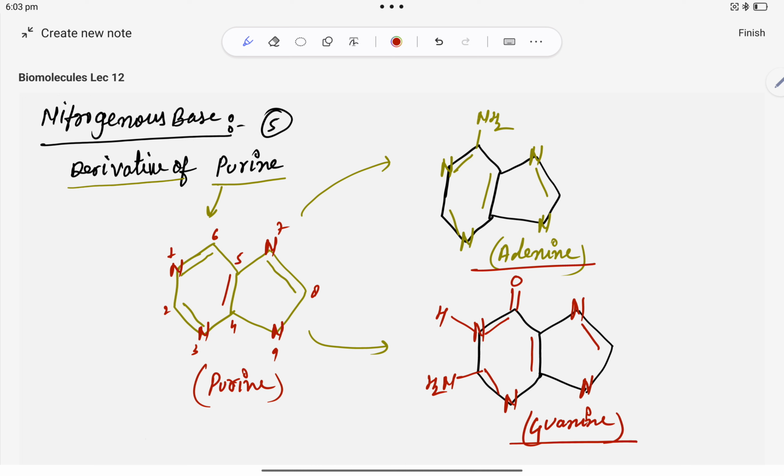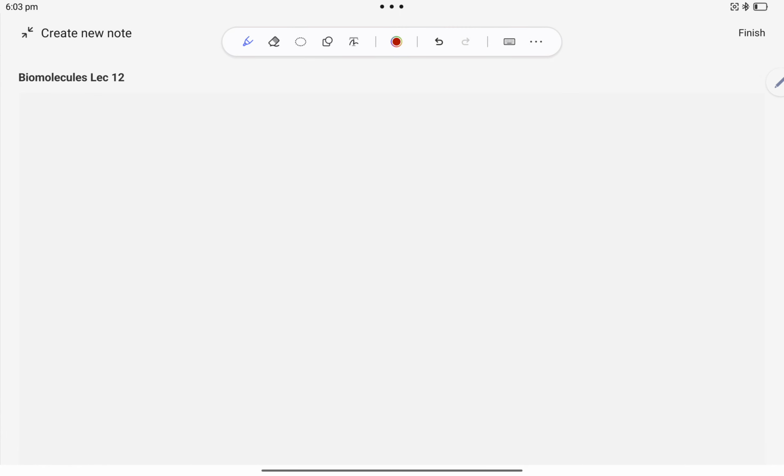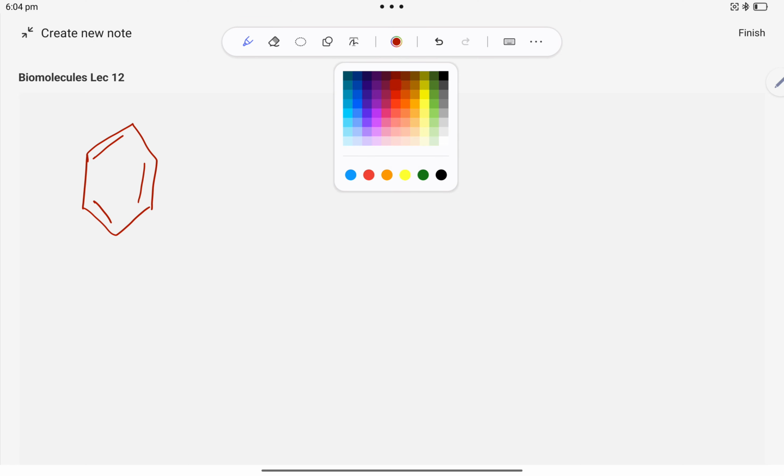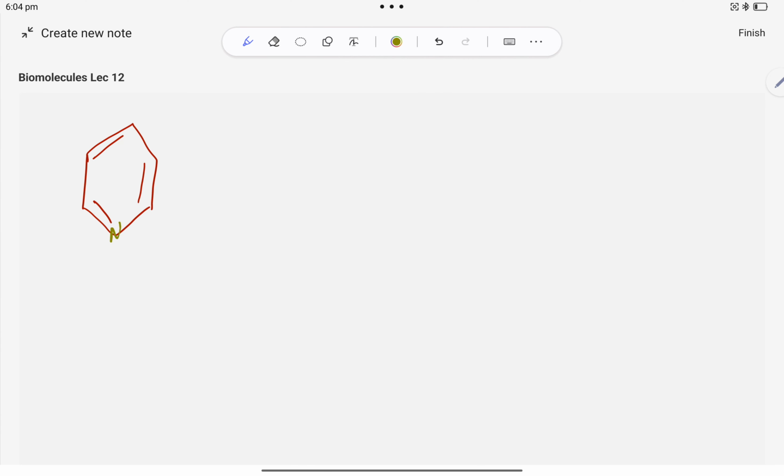Now come to the pyrimidine. Okay, what is pyrimidine, children? The pyrimidine structure is this one. One nitrogen here, one nitrogen here.